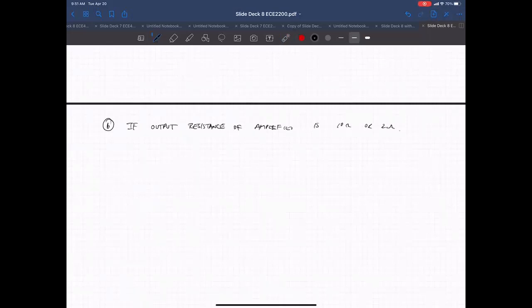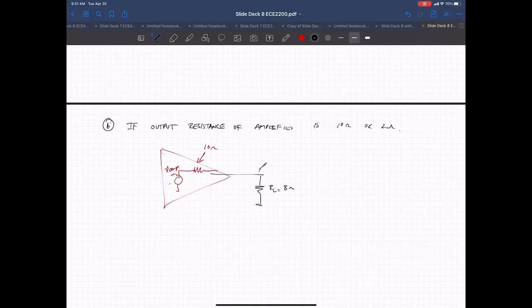Okay, so now we're looking at the output of the amplifier. So it's as if we have the amp output voltage that you would normally expect after you design it, but there's really an output resistance there. And in the first case, this is 10 ohms, and it's driving our speaker, which has an 8 ohm load resistance. So let's see what that does to our output signal.